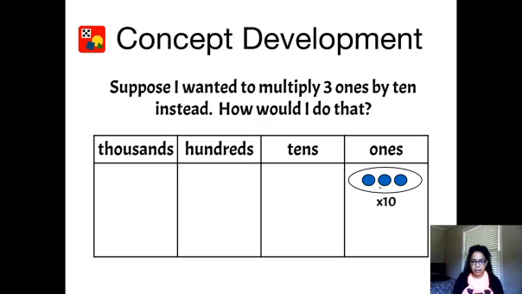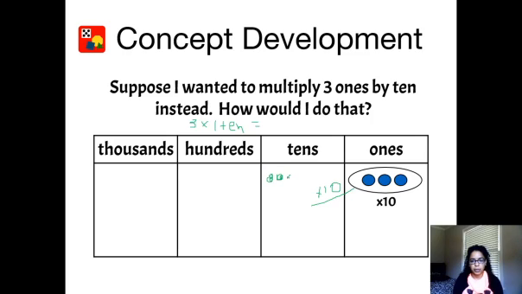So, if I have 3 ones, so basically I would have this 3 times 10. What would that equal, right? So I would just drag this over here, show my multiplication on this line, what I'm doing here, and then draw my 3 discs.